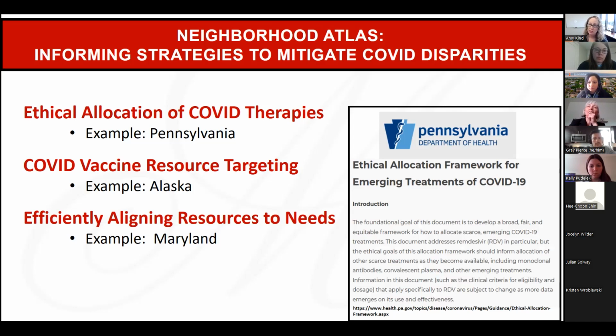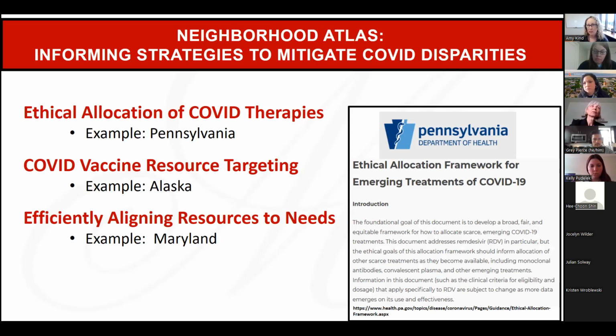So if individuals lived in these highly disadvantaged contexts, they would have a better chance for getting a ventilator, better chance for getting remdesivir. And this was ultimately adopted by the state of Pennsylvania, as well as a number of different health systems as part of their ethical allocation frameworks during surge.